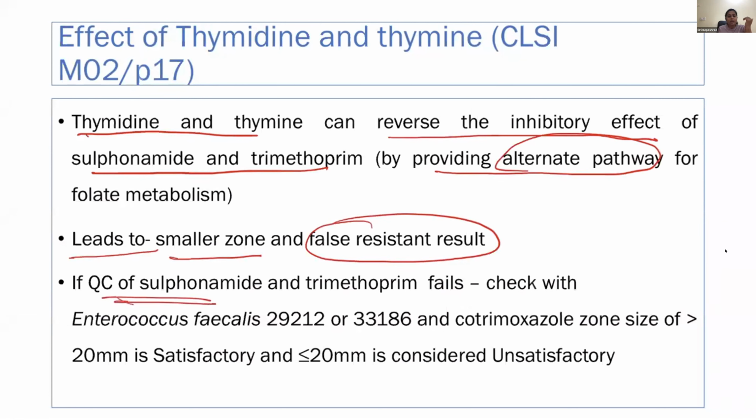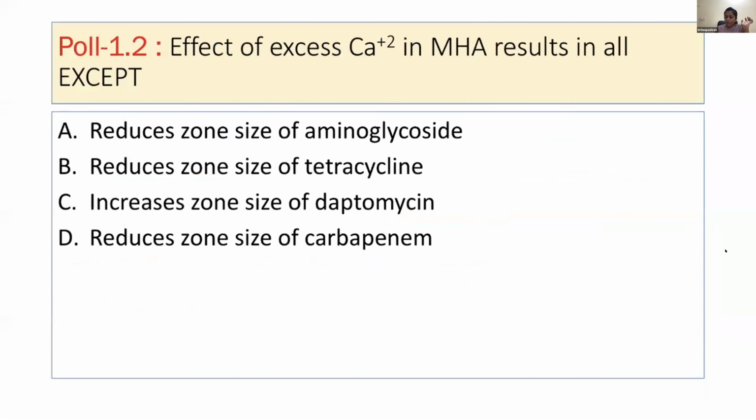This QC part I have already explained: you inoculate E. faecalis 29212 and put up a cotrimoxazole disc. If it is more than 20 mm, then that is a QC for your thymine, thymidine content in your Muller-Hinton agar.